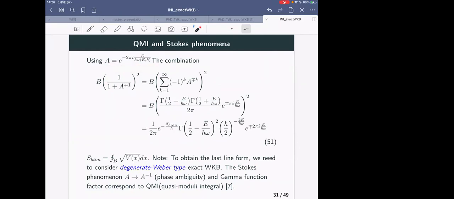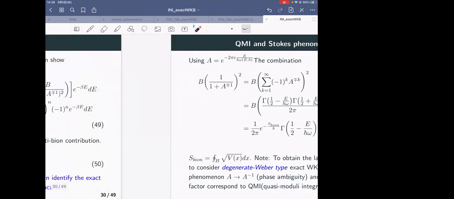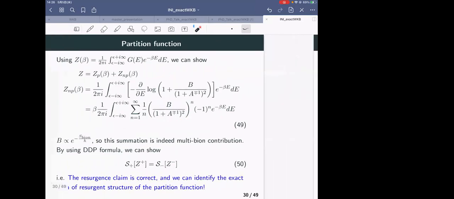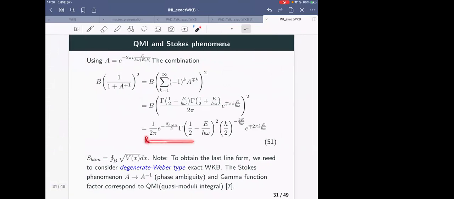When the system is just a harmonic oscillator, then this omega is just a constant. But in a general potential, this omega is not a constant but a function of E and h bar. And in many cases, this is an asymptotic series in h bar. And using this identification, this quantity here, which is the fundamental unit of the non-perturbative part of each instanton, becomes this form.